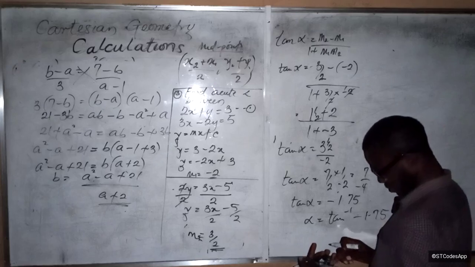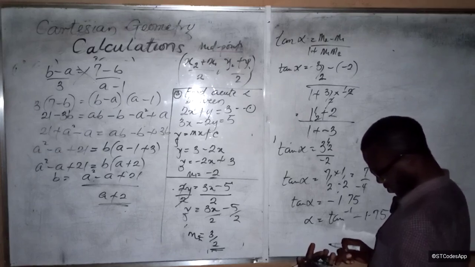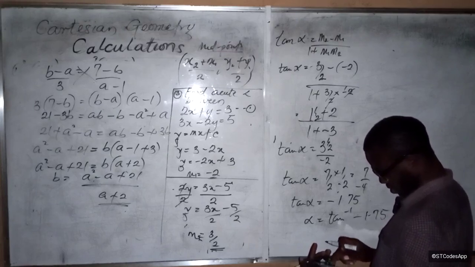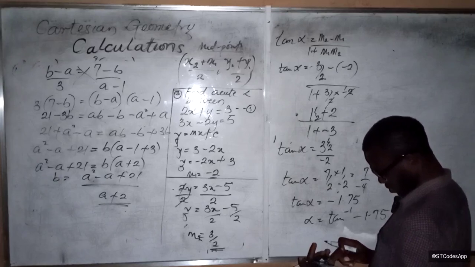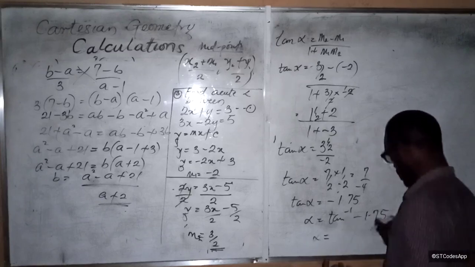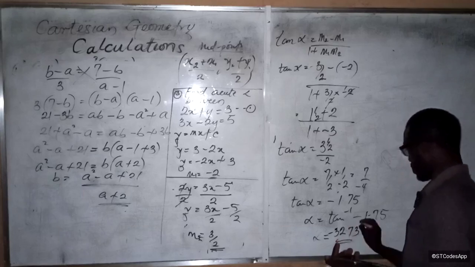So alpha will be equal to minus 32.73 degrees.